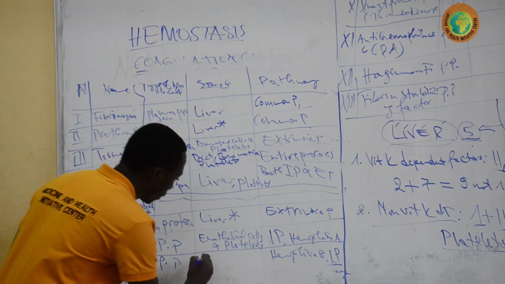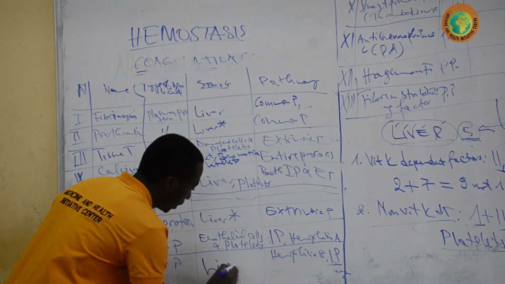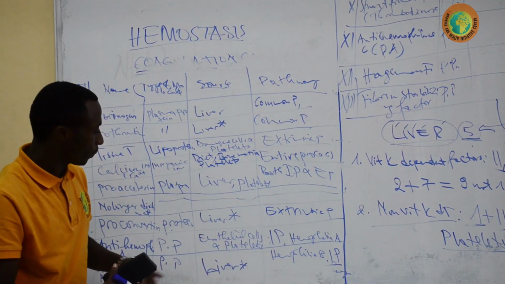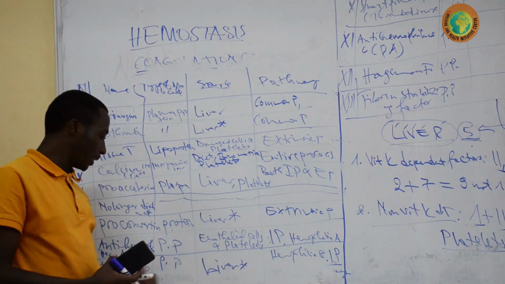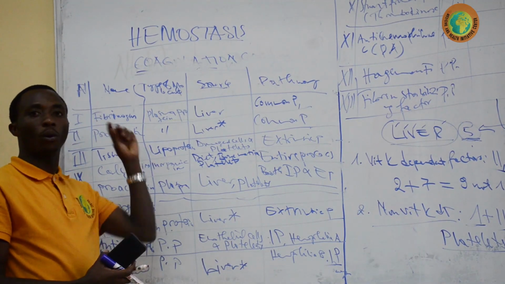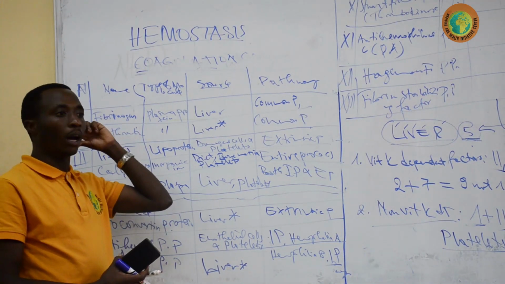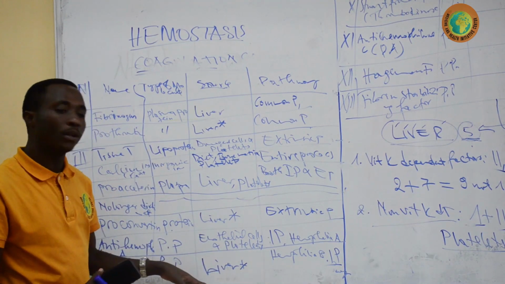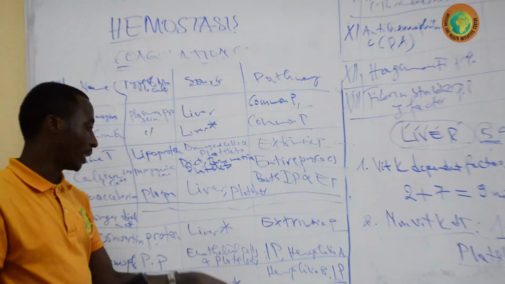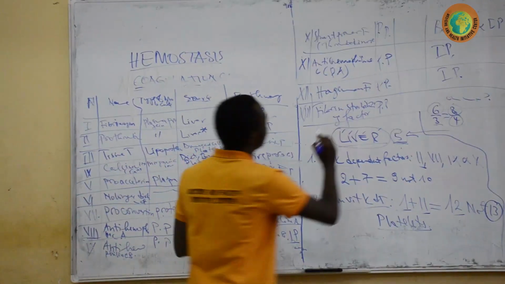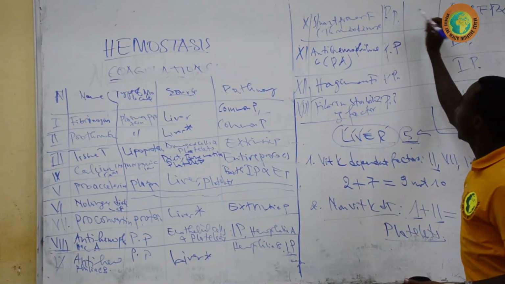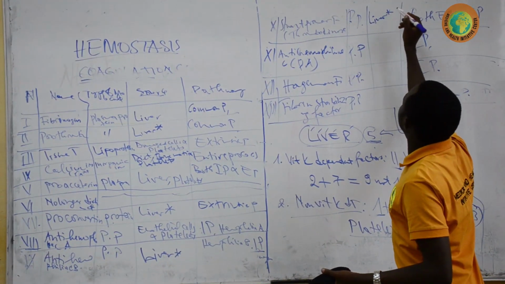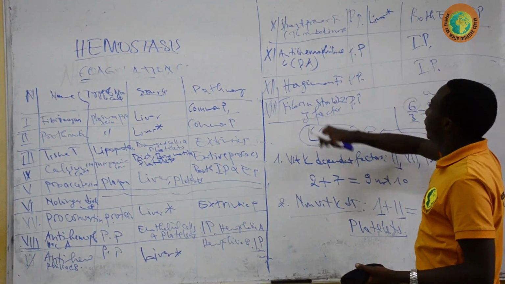It is also vitamin K dependent, meaning the liver is able to produce factors 2, 7, 9 and 10, depending on the fat-soluble vitamin K. Factor 10 is also from the liver and vitamin K dependent.